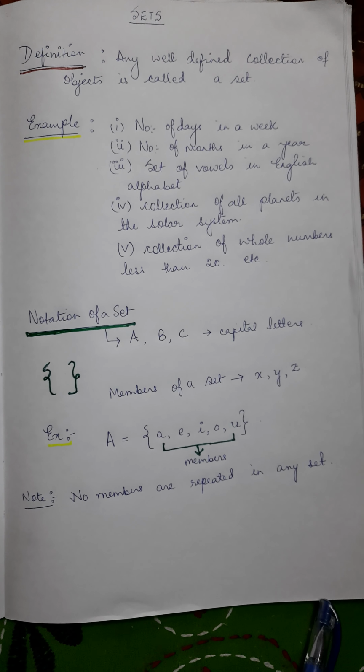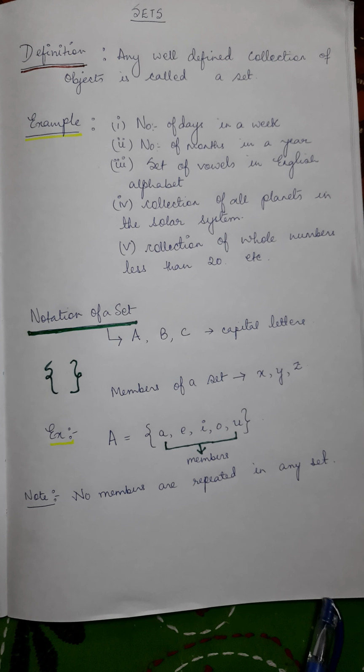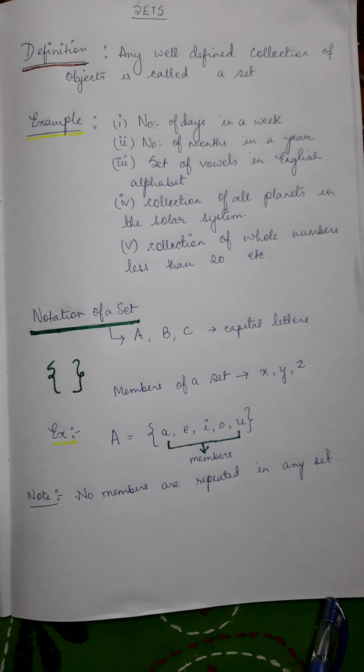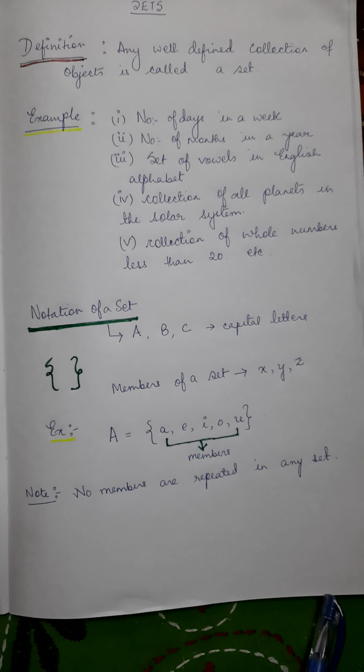Now, see students, in this example, I have written A, E, I, O, U. I have not written it together. I have written it by putting a comma sign.